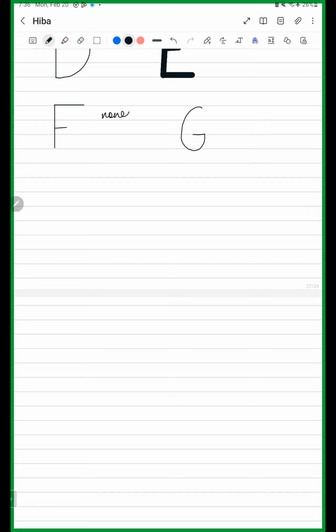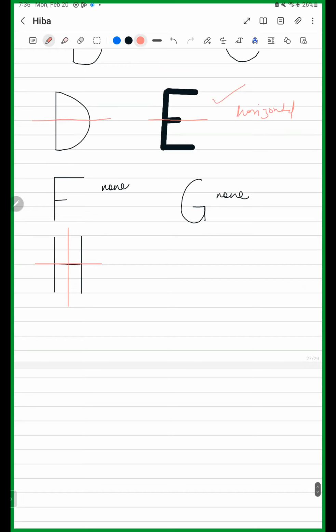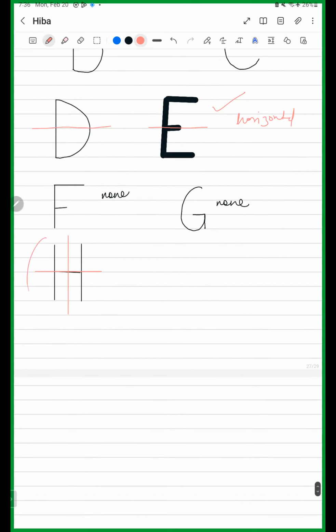G also has none. None. H. Horizontal. Very good. Horizontal. And vertical. हाँ, vertical भी है इसमें. ठीक है? तो अभी तक जो जितने भी हमने लेटर्स देखे हैं उनमें से H is the first letter of the alphabet जिसमें दोनों आ रहे हैं, है ना?